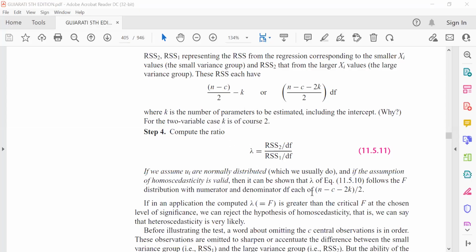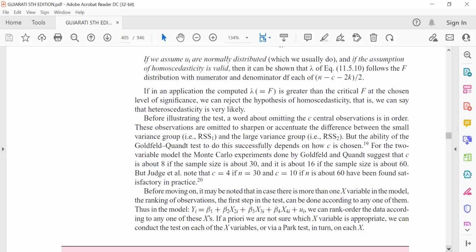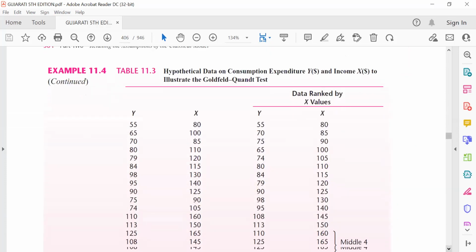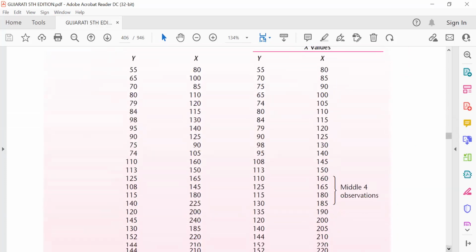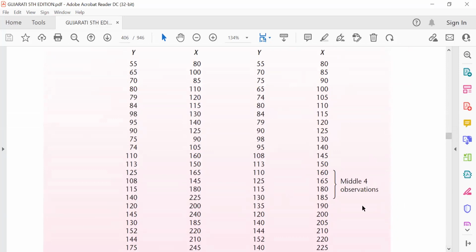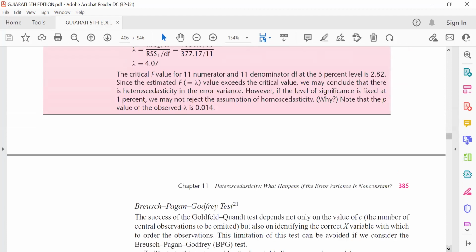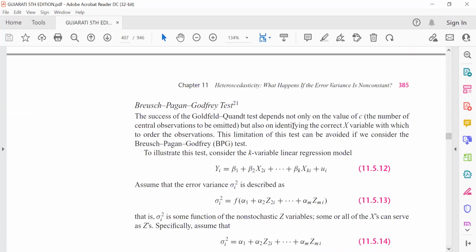Okay, here. Lambda here is an F distribution. This one is the example for the Goldfeld-Quandt test.